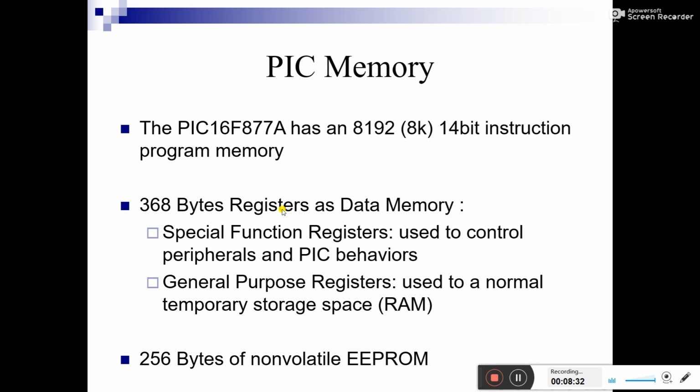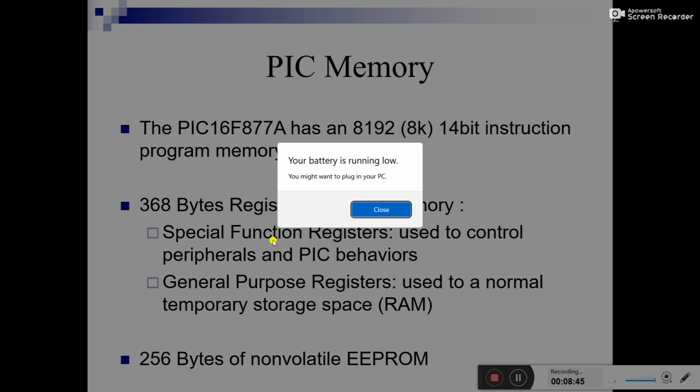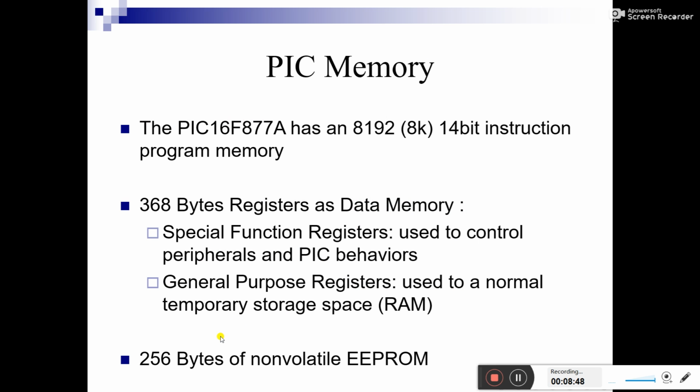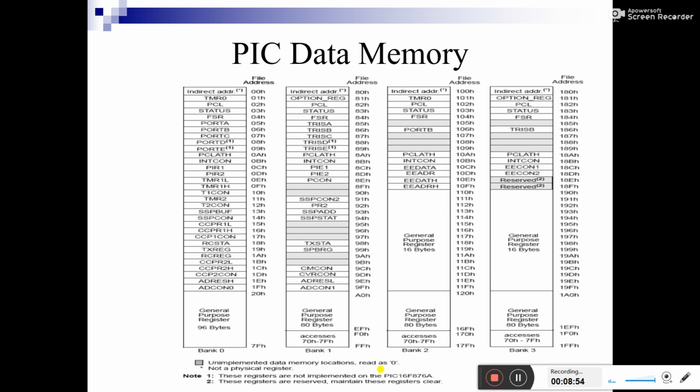So 368 bytes of registers as data memory, and it has special function registers used to control the peripherals and PIC behavior. It has general purpose registers used as normal temporary registers. So 256 bytes of non-volatile EEPROM is also over there. So that is the PIC data memory.